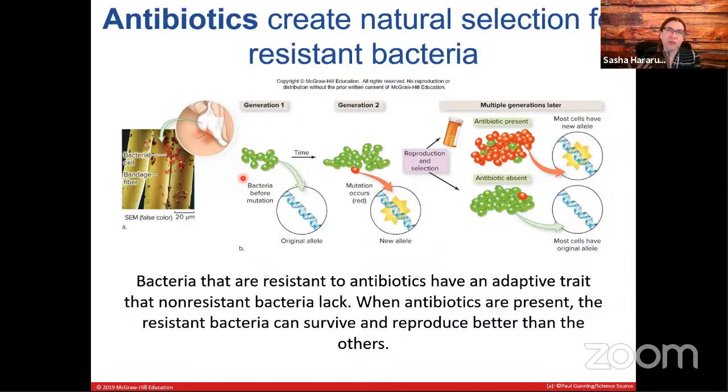There are some random mutations going on, and there's certain genetic diversity within the population of bacteria. Let's say out of a million individual bacteria, there are 10 that are resistant to a particular antibiotic.